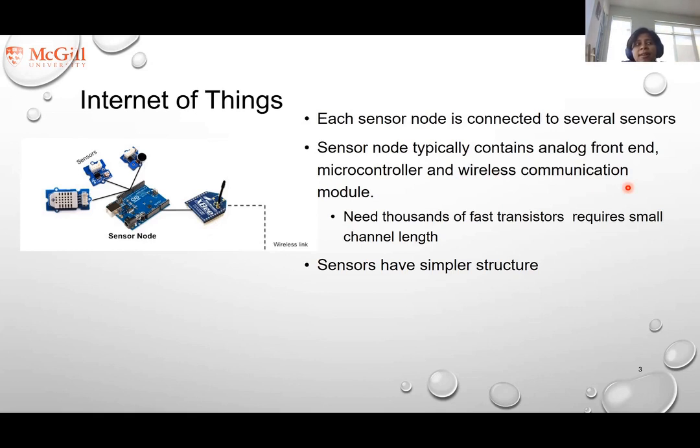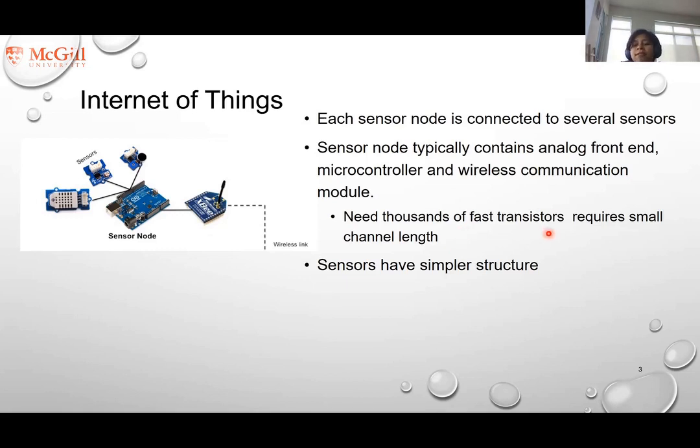Apart from the sensors, the other parts like the microcontroller, the analog front end, and the wireless communication module all need very fast processing. So all of these modules need very fast transistors, and we need thousands of them.